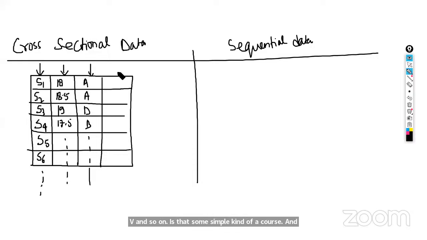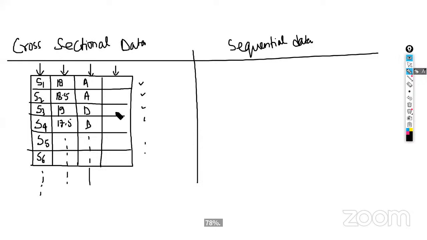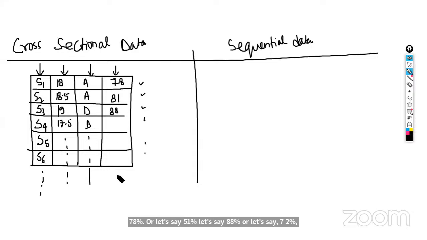And let's say we have other information like the address, or the 10th or 12th percentage: 78%, 81%, 88%, 72%, something like that. So we have details regarding the different students of a particular university or college.